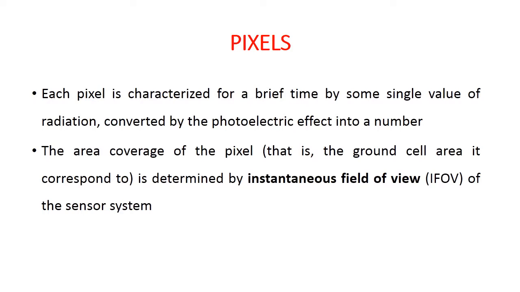The area coverage of the pixel, that is the ground cell area it corresponds to, is determined by the IFOV, that is the instantaneous field of view of the sensor system. Means how much area is covered by the pixel is defined by the IFOV value.